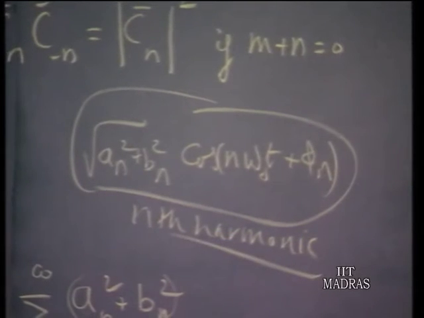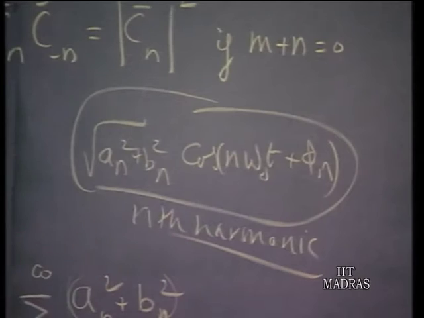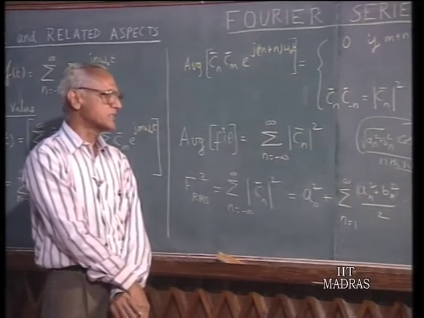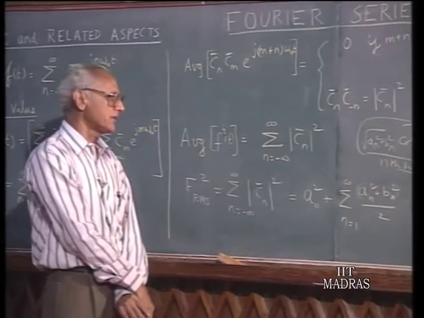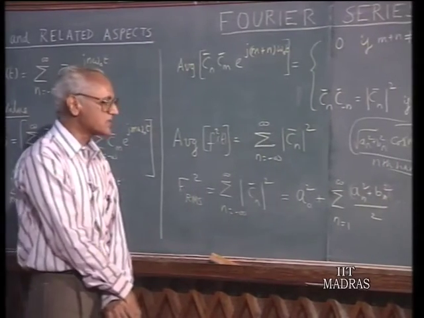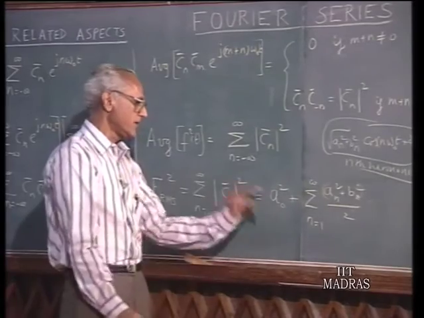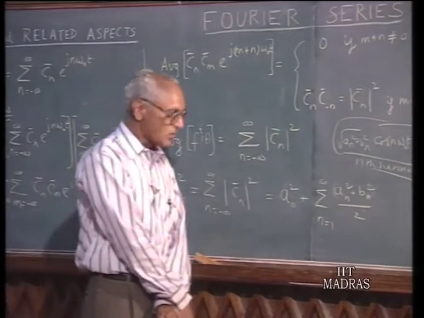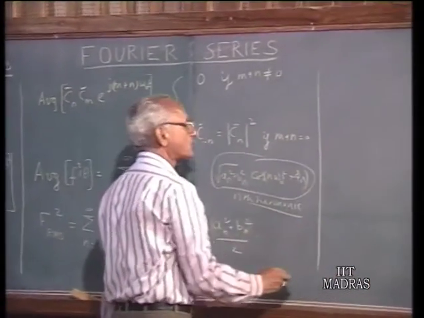So what we have here is the peak value squared divided by 2, which means the RMS value of the nth harmonic squared. Root of An squared plus Bn squared over root 2 is the RMS value of the nth harmonic. Therefore, it is the RMS value of the nth harmonic squared. A naught squared is the DC squared.